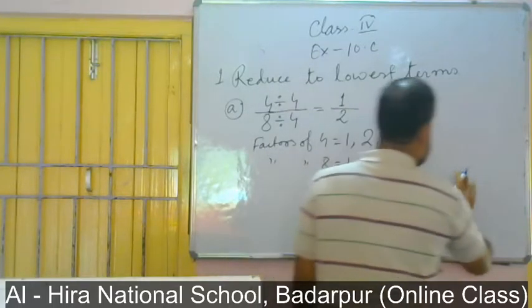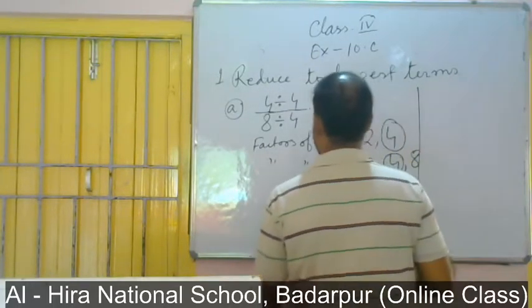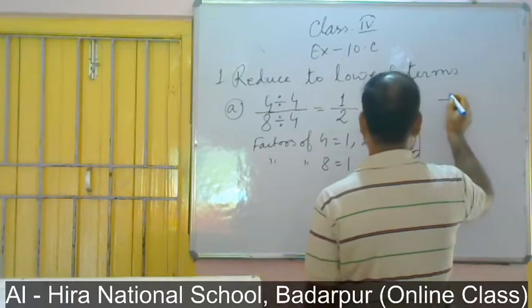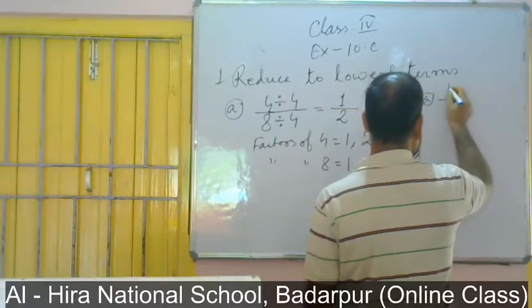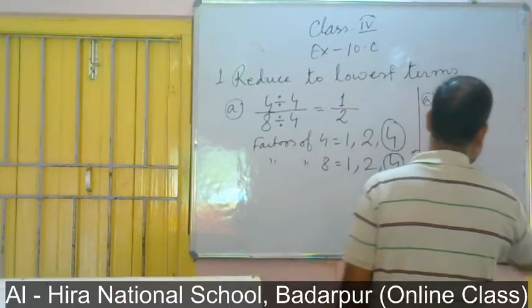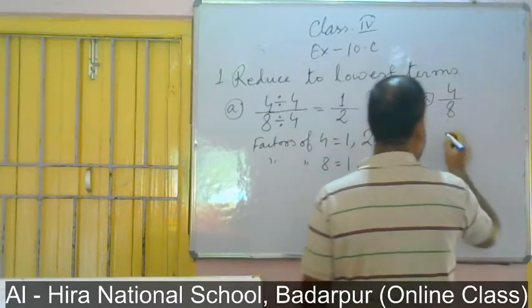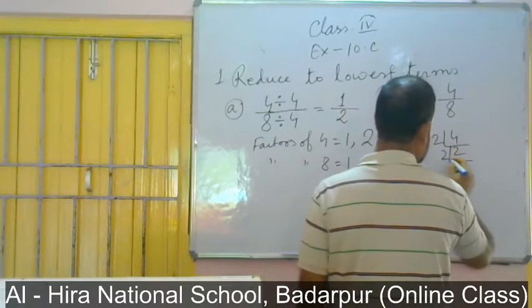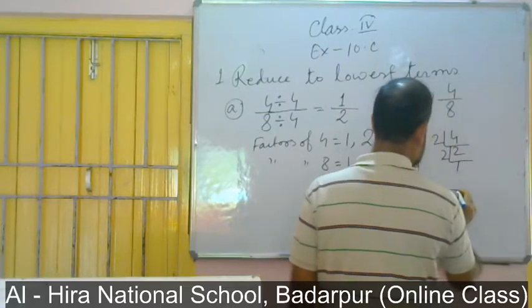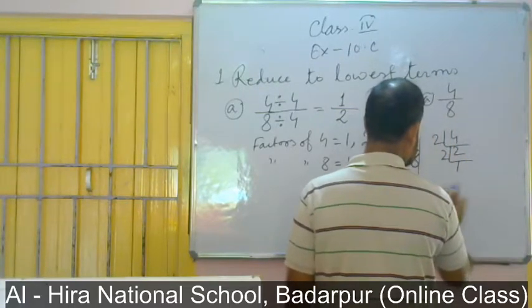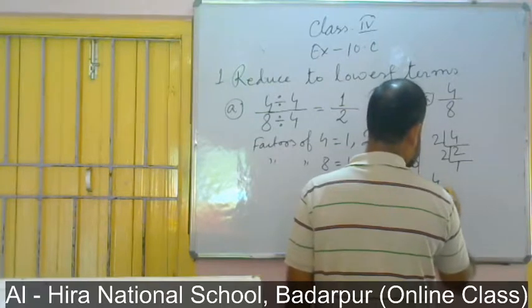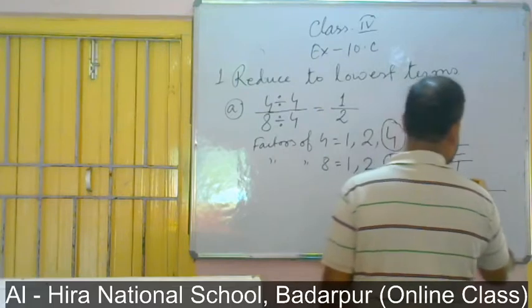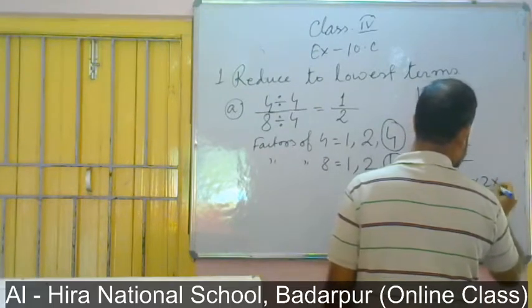Another way is prime factorization, taking out prime factors. First, 4 by 8. The prime factors of 4: 2 twos are 4, so 2 into 2 into 1.